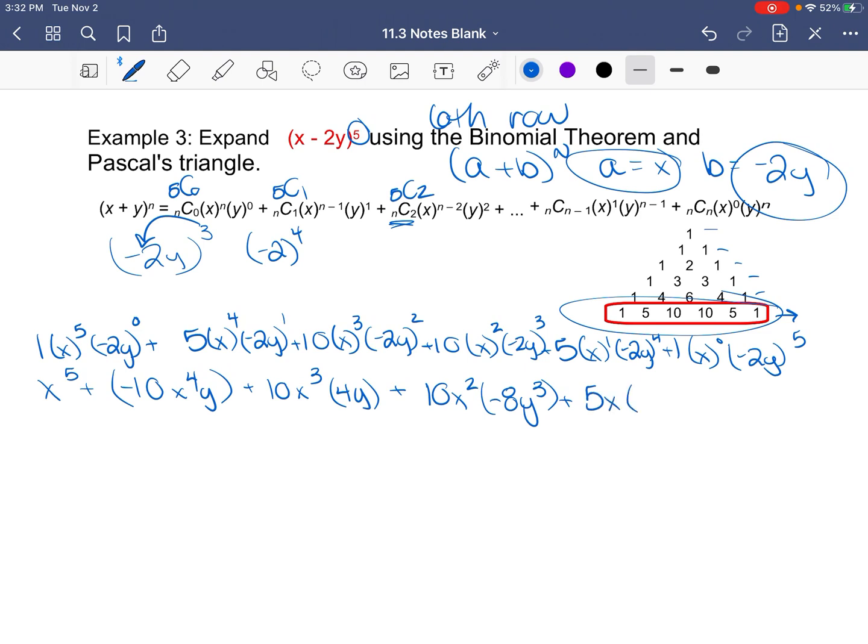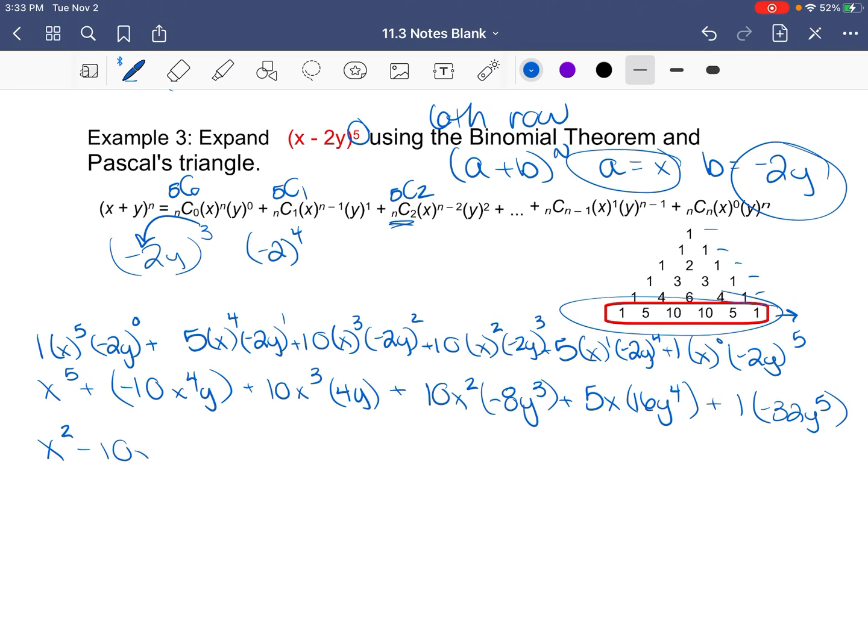I'm going to have to the power 4, 16y to the 4th. Plus, I've got 1, and I'm going to have 16 times 2 is 32, negative 32y to the 5th. And so now I'm going to simplify my final version.